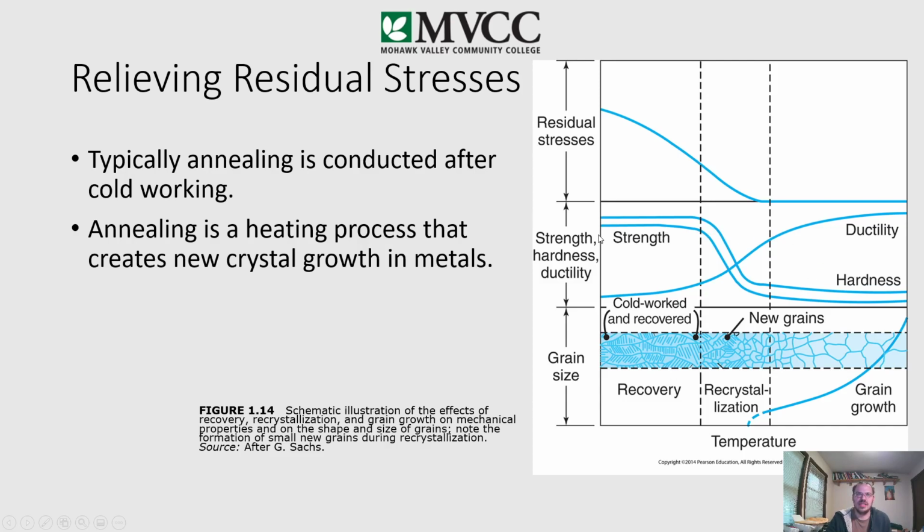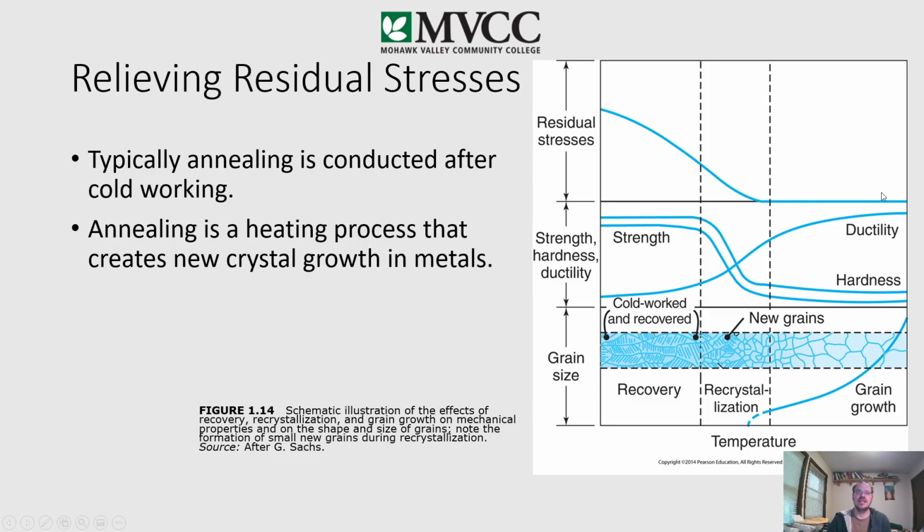But what you'll tend to see is when it gets more ductile, it's exactly doing the opposite of cold working. So your strength and hardness, so that puncture resistance and stiffness, goes down, and ductility goes back up, right? And you can also see residual stresses in the part go to zero.